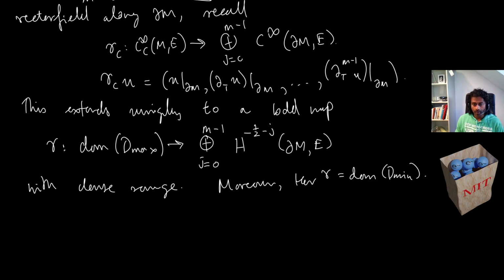Absolutely not. It's minus j. The point is you won't get plus, right? In general, as you've taken derivatives of u, you're going down in the Sobolev scale. The point is that for boundary value problems, you leave elliptic regularity, right? That's why it becomes hard.